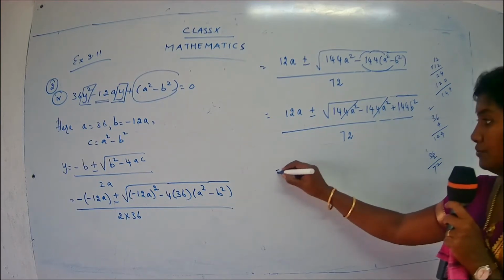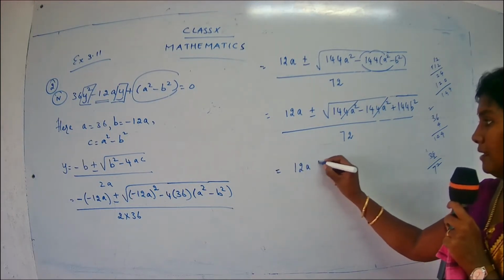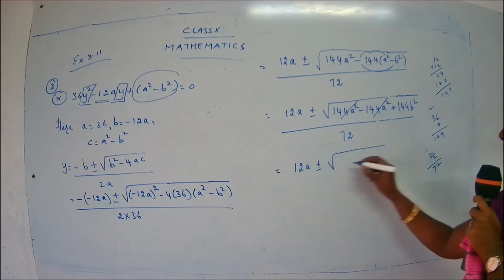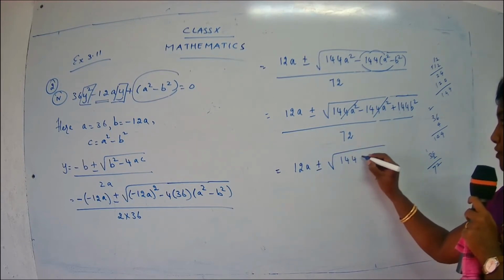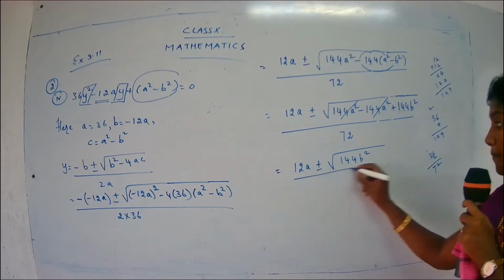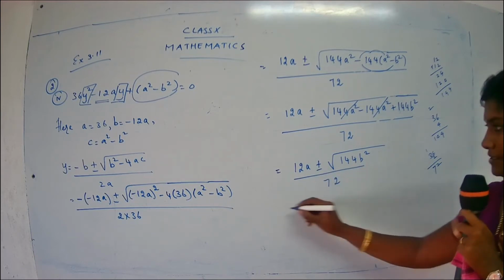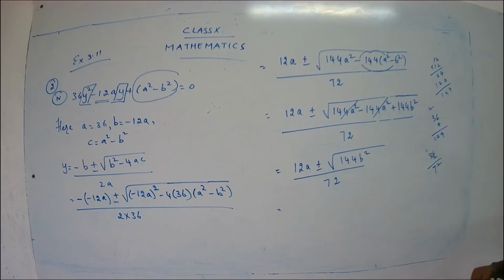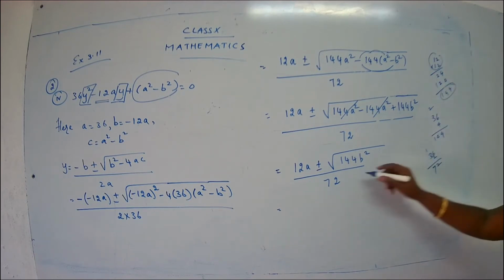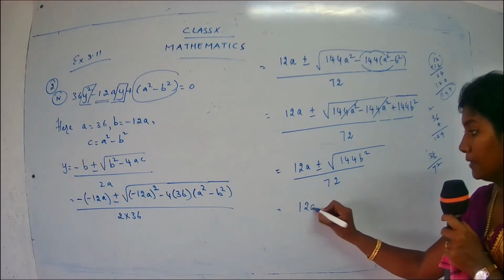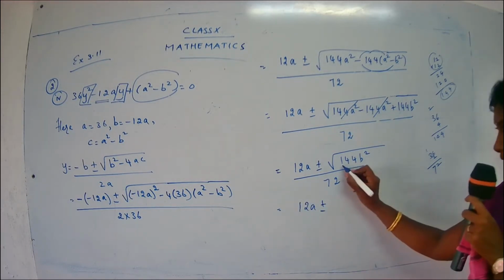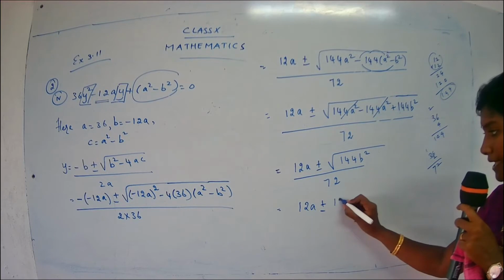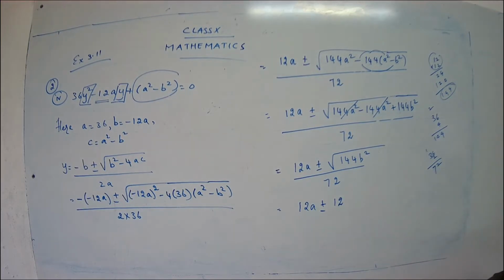So this is equal to 12a plus minus square root of 144 b square upon 72. What is the square root of 144? We know that 144 is 12 into 12. And what is the square root of b square?